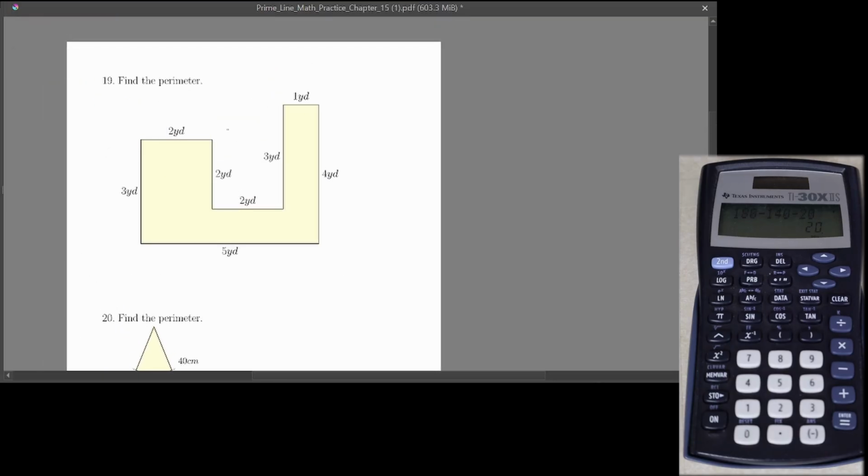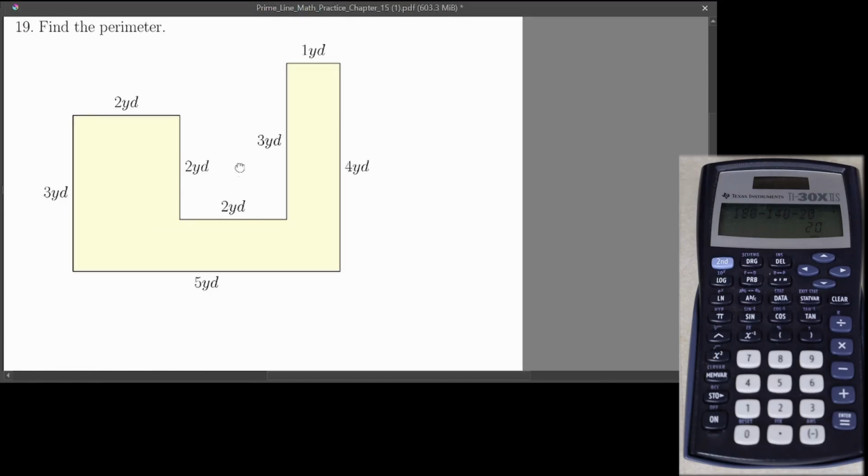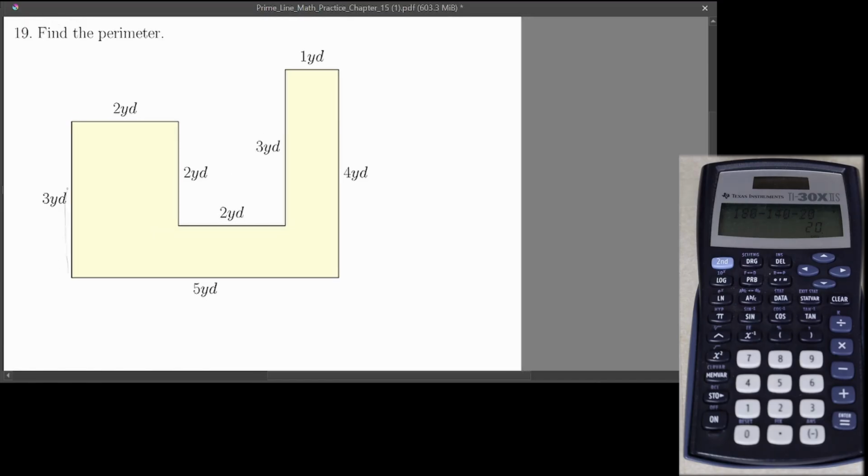All right, for this problem, our perimeter, we are going to add up all these edge lengths. So 5 plus 3 plus 2 plus 2 plus 2 plus 3 plus 1 plus 4.